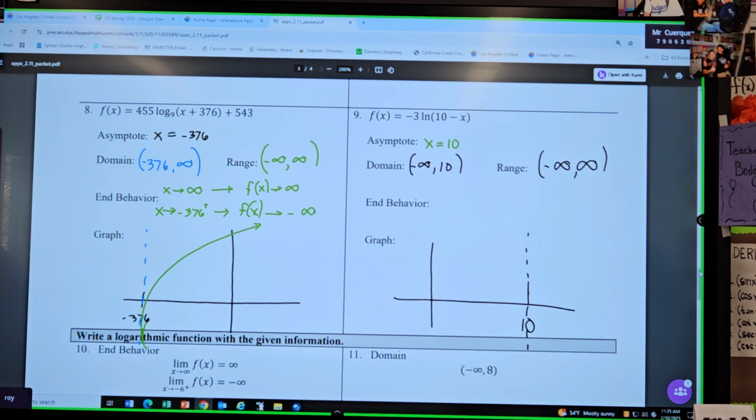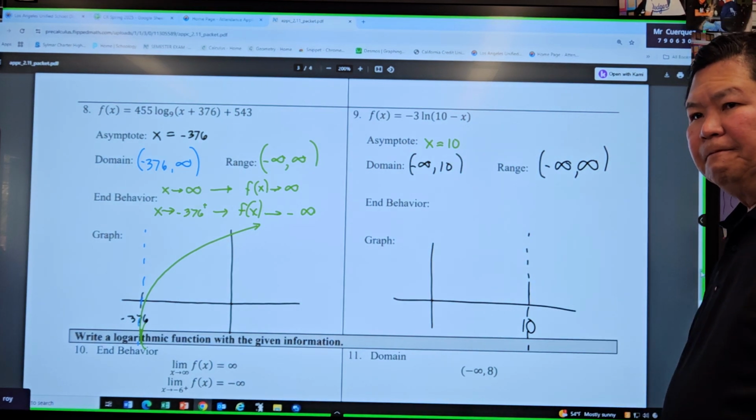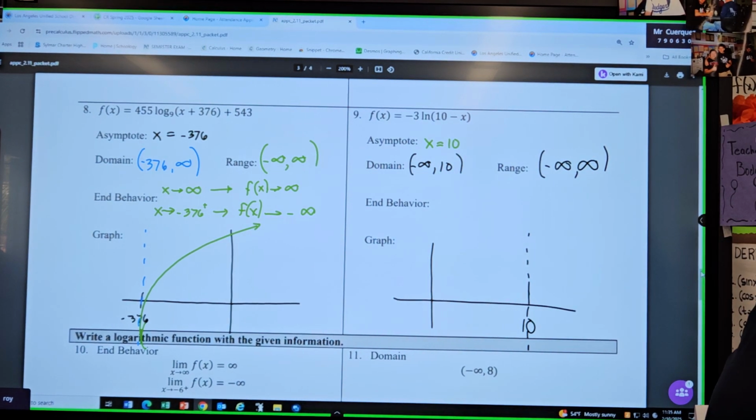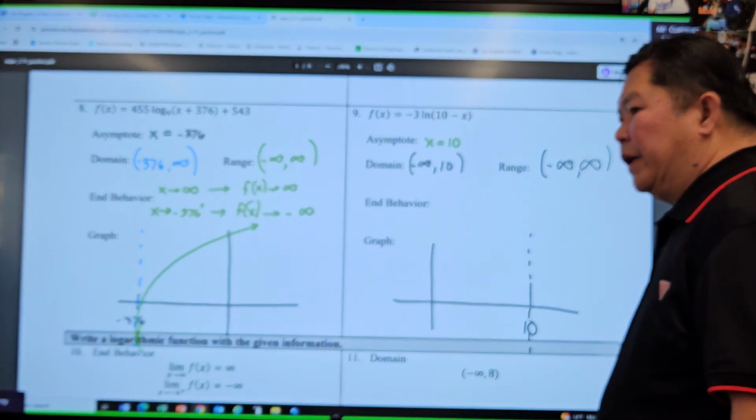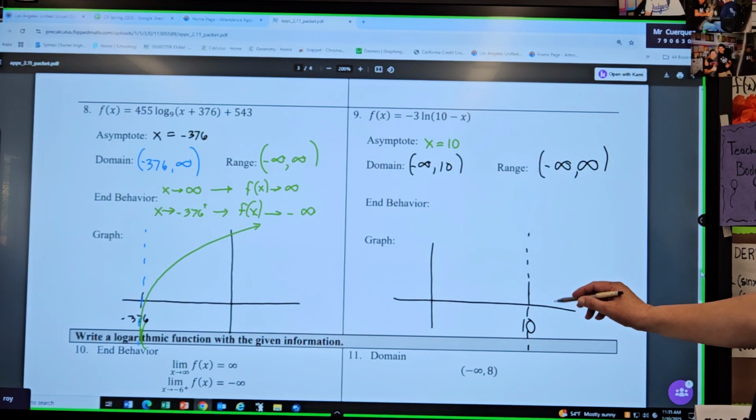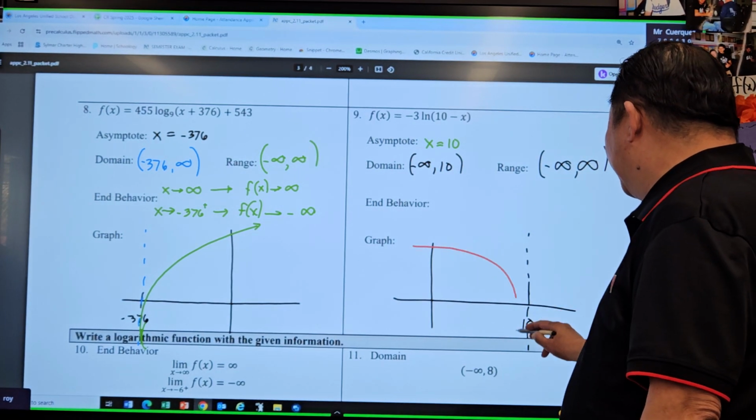Can you sketch this graph? It looks like this way.